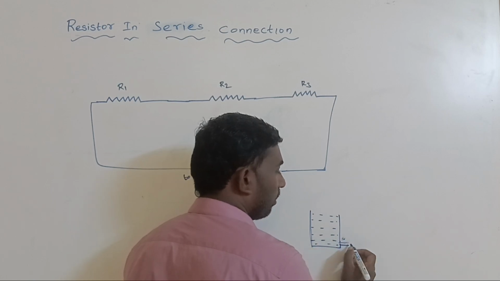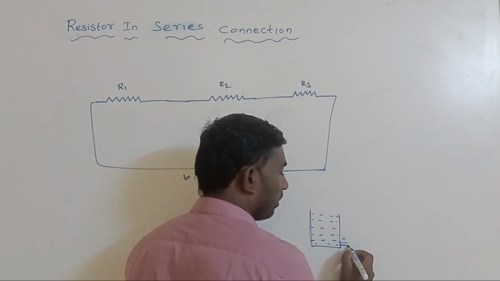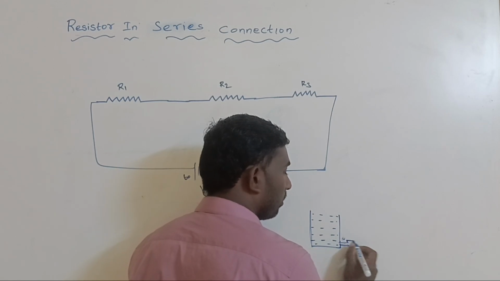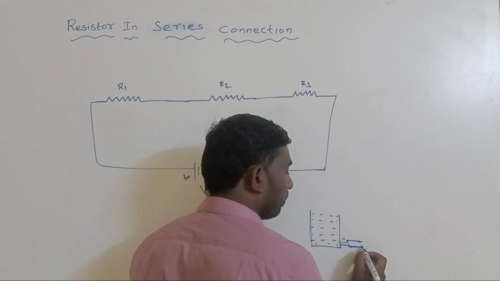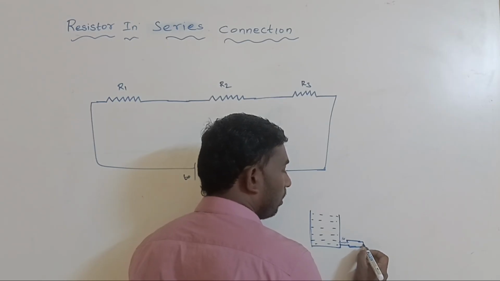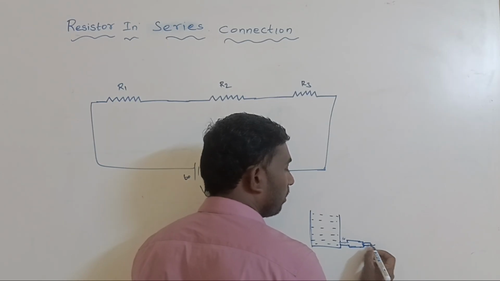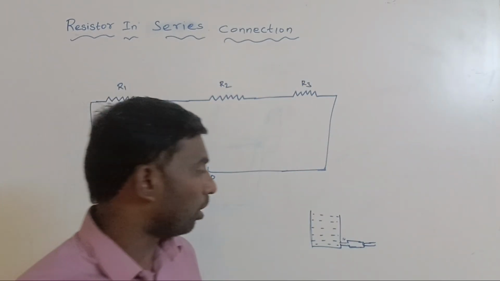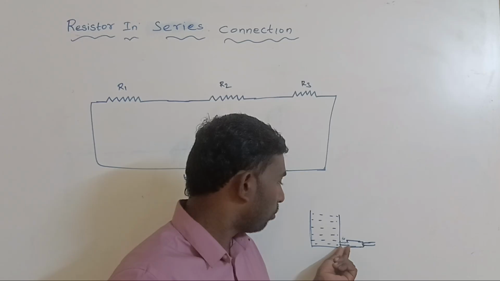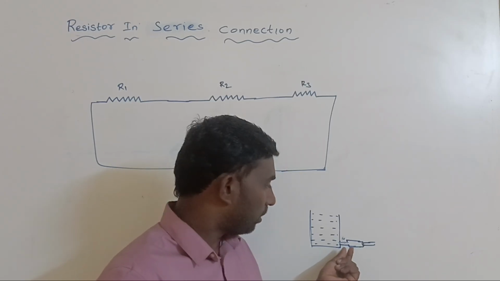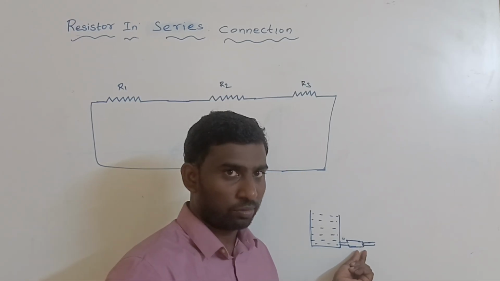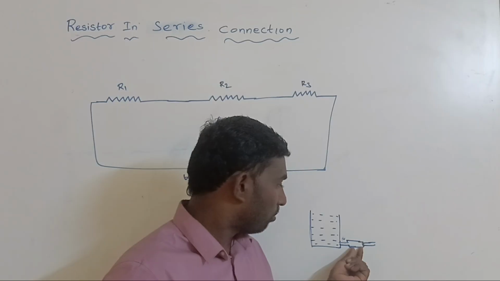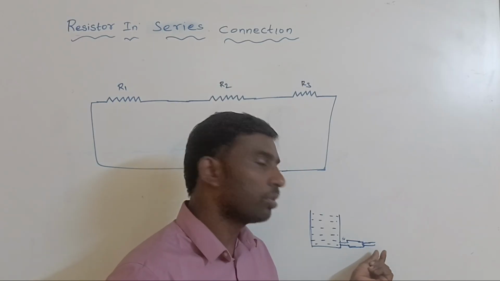Afterwards I connect a 2 inch pipe, then a half inch pipe. How does the water go? The same water that comes in here goes out here, and the same water goes here.